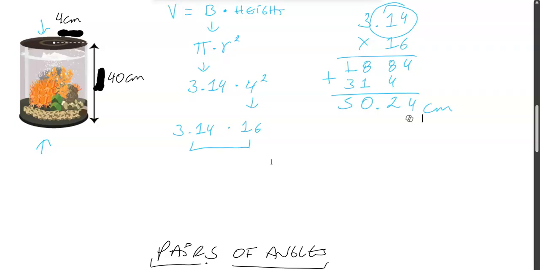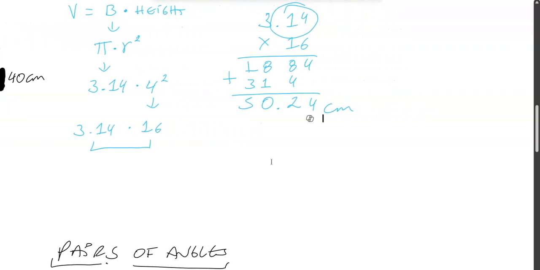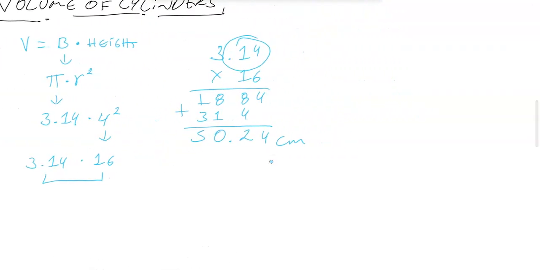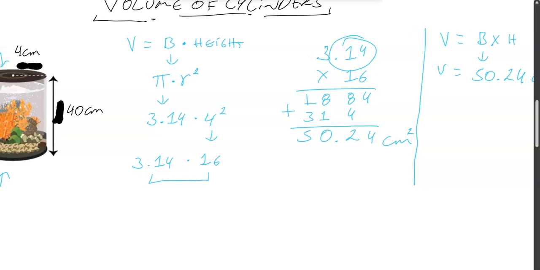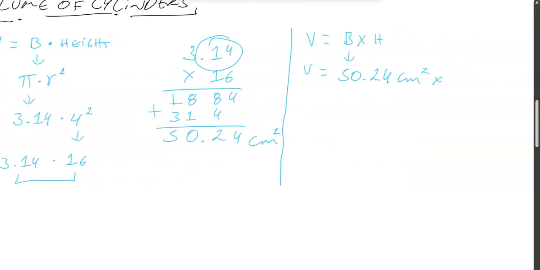Now, all I have to do is multiply that by the height. So in the formula right here, I have the volume is equal to the base times the height. I already found the base, which is 50.24 centimeters squared. It's a base, it's an area. And then I'm going to multiply that by the height, which in this case is 40 centimeters.